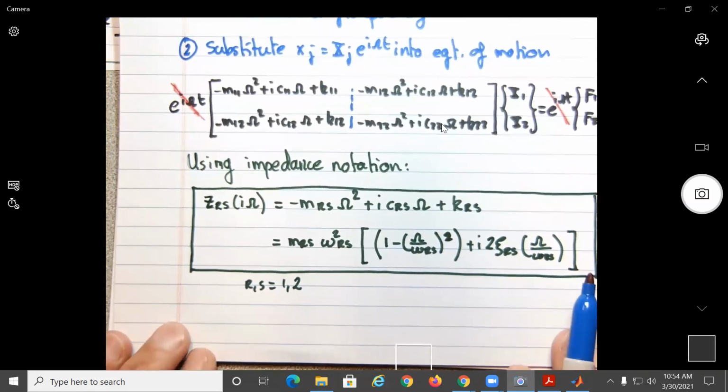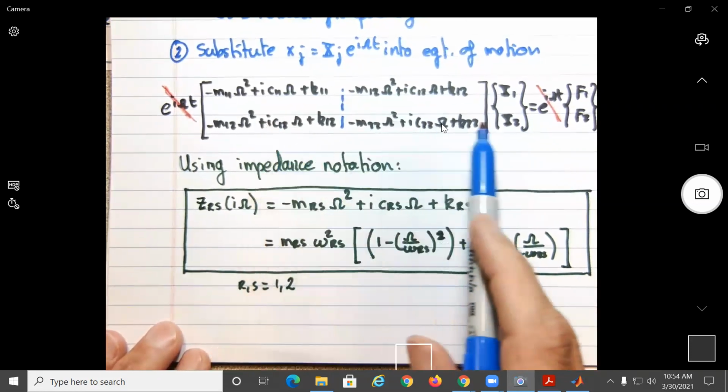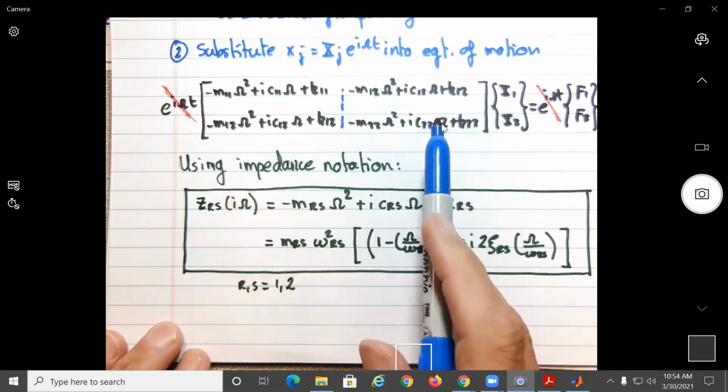Okay, so using this notation here, we can rewrite the above equation.